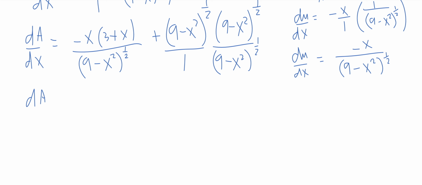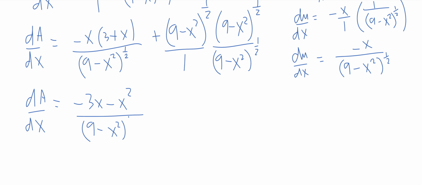that dA by dx equals, expand this bracket, so minus 3x minus x squared over 9 minus x squared to the half, plus 9 minus x squared to the half times 9 minus x squared to the half is just 9 minus x squared. The square root multiplied by square root cancels out the square root, and you're just left with what was underneath the root.